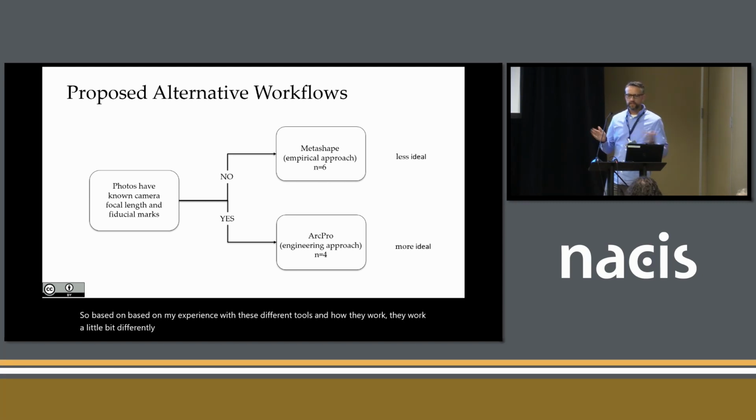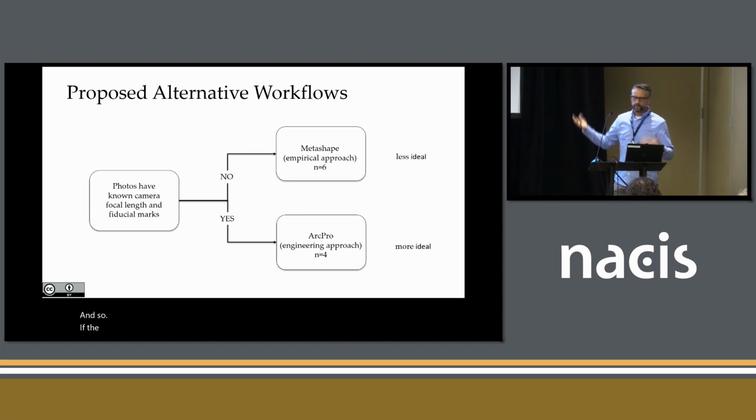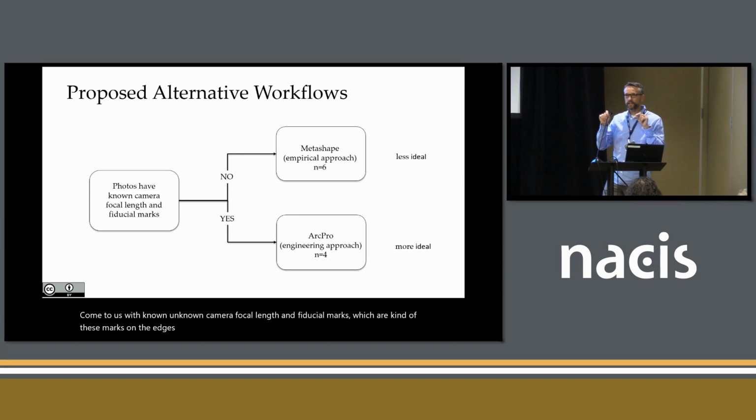Based on my experience with these different tools and how they work a little bit differently, I proposed alternative workflows for collections that are either more ideal or less ideal. So if the photos come to us with a known camera focal length and fiducial marks, which are marks on the edges of the photos that can be detected by those computer vision techniques, I'm funneling those into more of an engineering type tool.